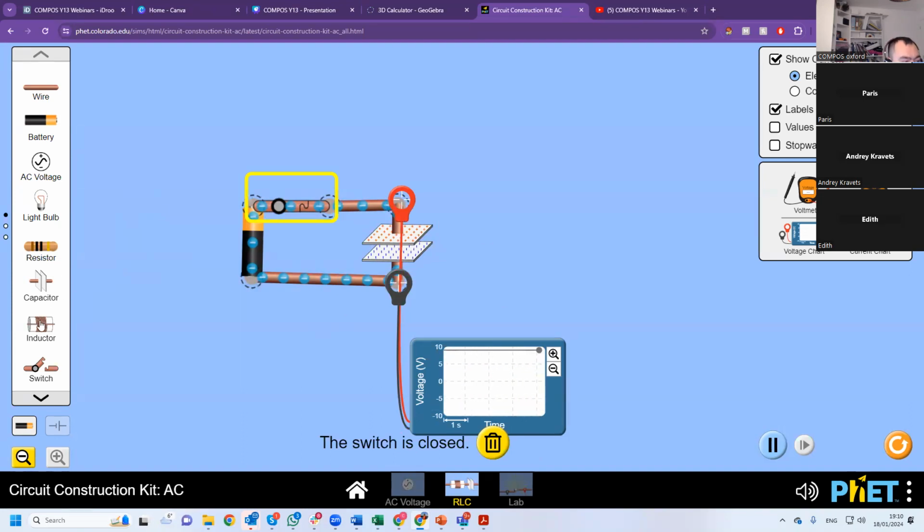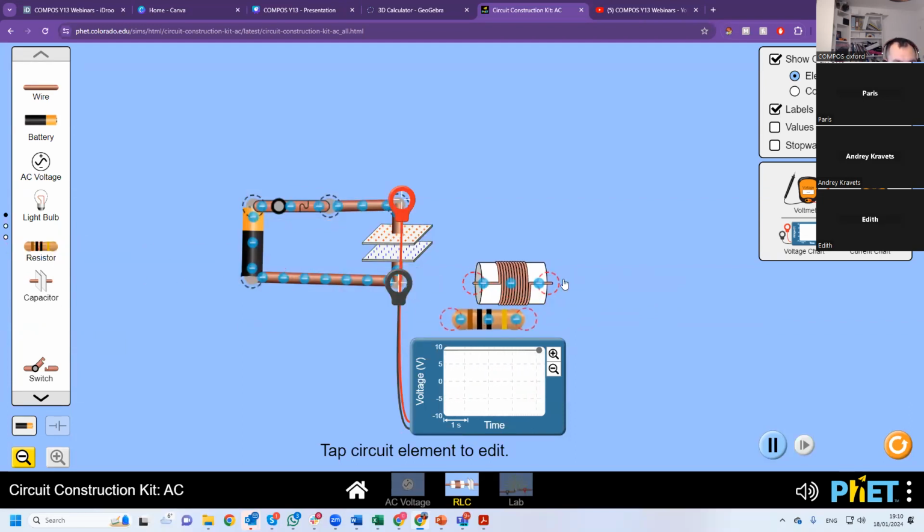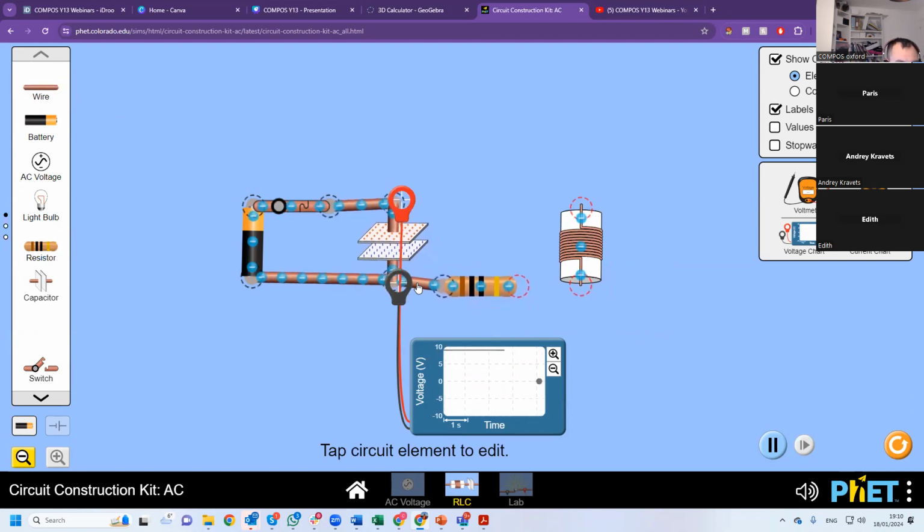Now I need an inductance, so RLC, and a resistor. Let's put the inductor here. And the resistor is like friction. It produces friction in the circuit. And here you need a switch.